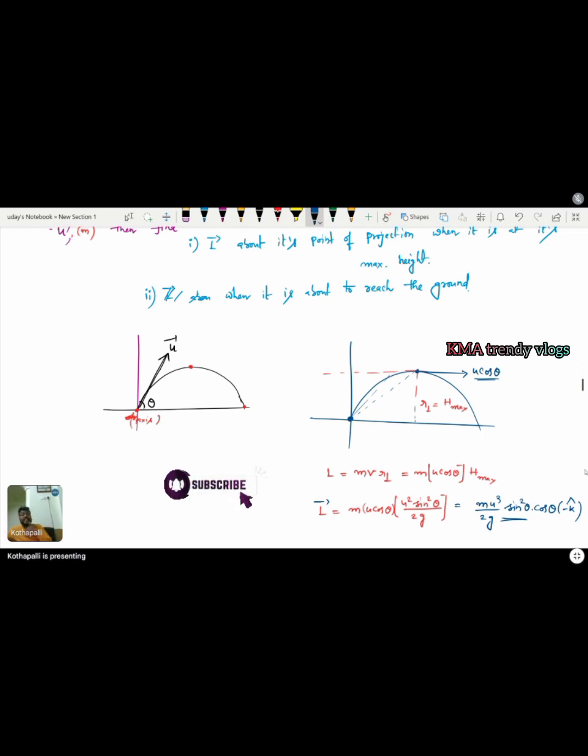Try the second part of the question. Think of it when it is about to reach. Which formula will be suitable to solve it? Think and tell me. You have to try; if you just watch, it won't come.